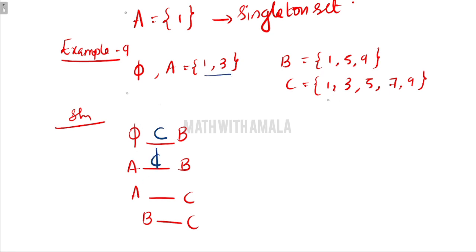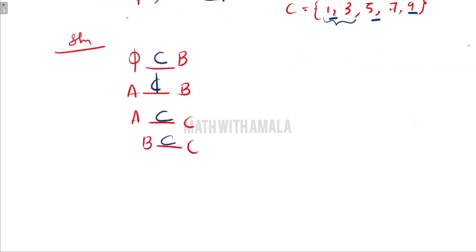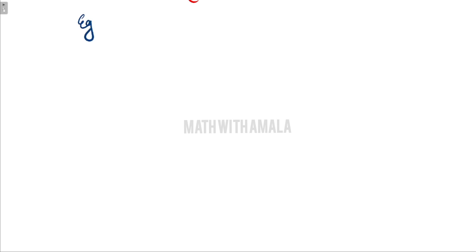But A is not a subset of B because we can see only 1 inside B; 3 is not inside B, so it is not included. But A is there in C: the set {1, 3} is there in C. Also B, {1, 5, 9}, is there in C. So C can be considered the superset, and A and B as proper subsets, and phi also as a proper subset.